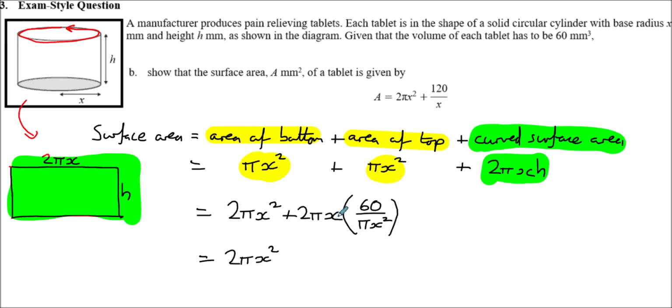So pi times x will cancel the pi down here, and we'll cancel off one of these x's, which we're dividing by. 2 times 120 is 2 times 60, it gives us 120. The pi's will cancel. X divided by x squared will just leave us with 1x at the bottom, which is what we wanted to prove all along. And so that's part B done for us. So the surface area of this cylindrical tablet is 2 pi x squared plus 120 over x.